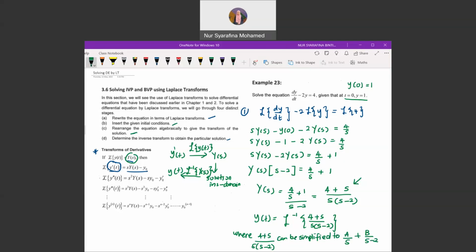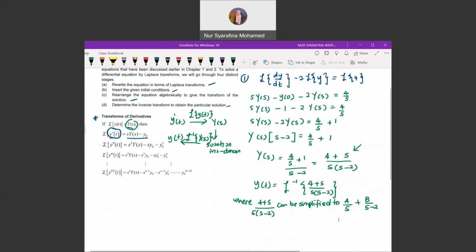So as you can see, the denominator here has a linear factor. Then we just have to find the value of A and B here by partial fraction. So substitute and multiply here. We have, and we combine with the left hand side of 4 plus s. Then we have A equals to minus 2 and B equals to 3.